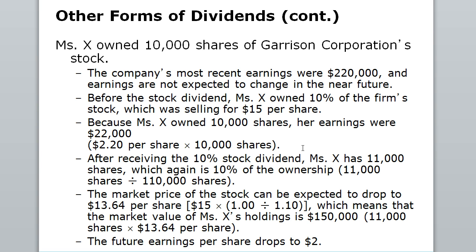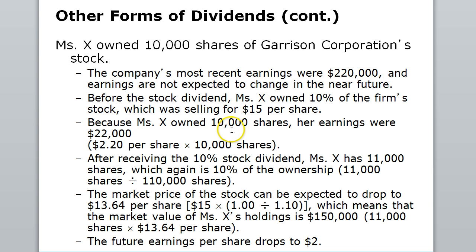So let's continue with this. Say you own 10,000 shares of this company, and the company's most recent earnings were $220,000. Earnings are not expected to change in the near future. So the stock dividend is 10%, while the stock is selling at $15 per share, let's do the effect.